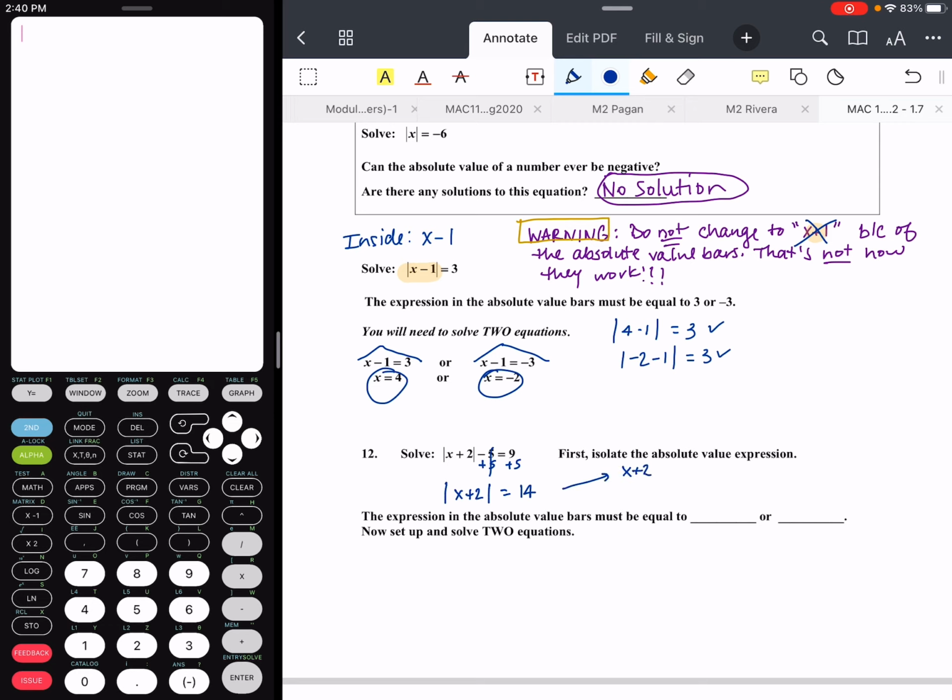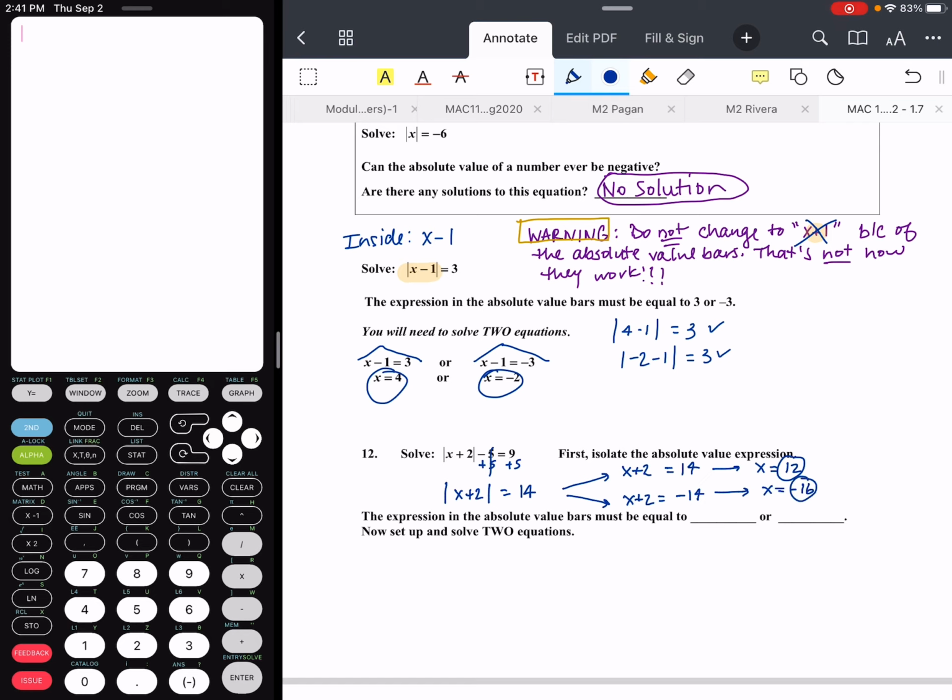My first equation will be x plus 2 equals positive 14. My second equation, what's inside, x plus 2 equals negative 14. Then I subtract 2 from both sides to solve each of these equations. That gives me x equals 12 or x equals negative 16.